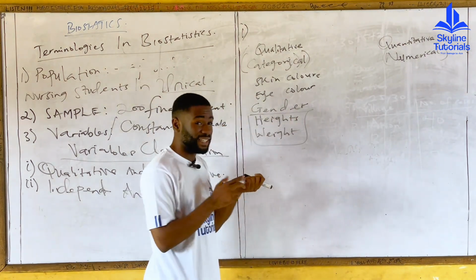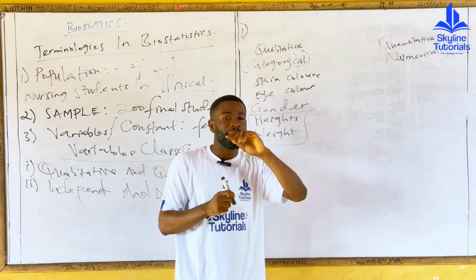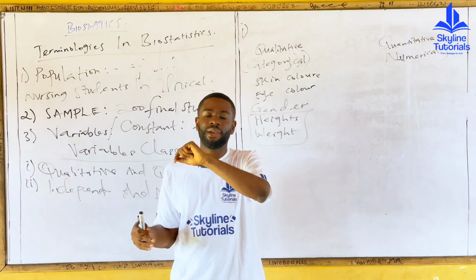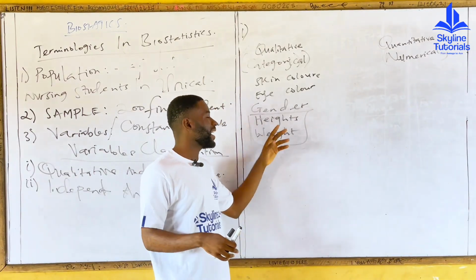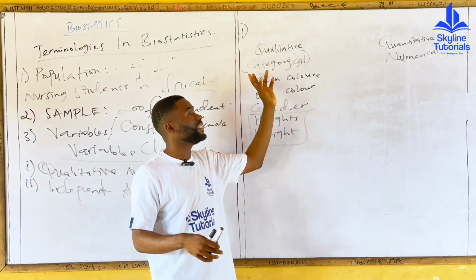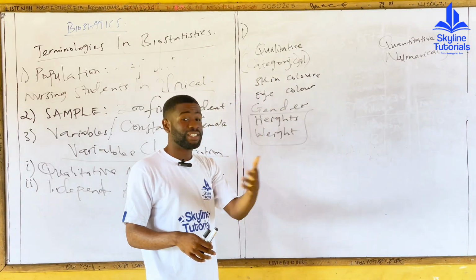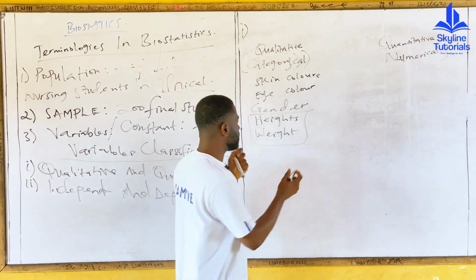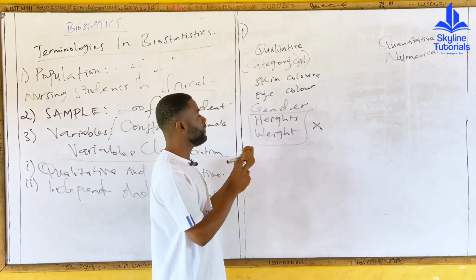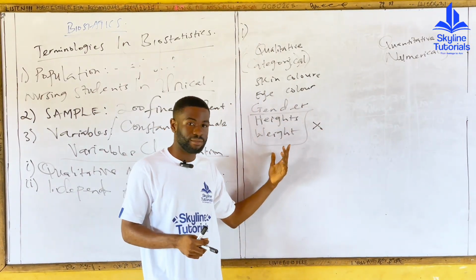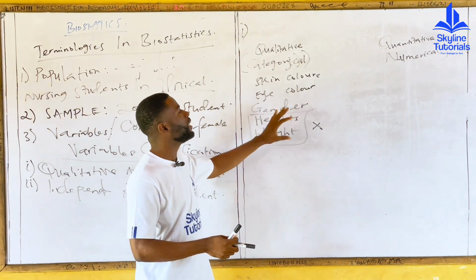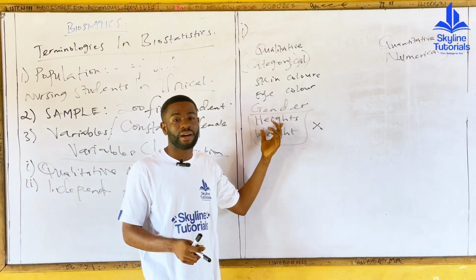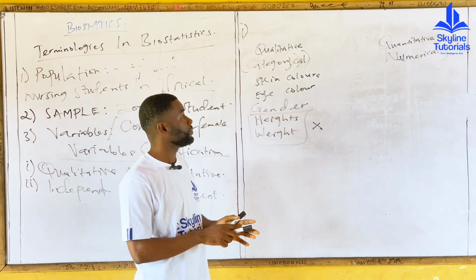If we have defined qualitative variables to be characteristics observed that are not numerical, answer this: would height and weight be under qualitative variable? The answer should be no. Why? Because we would have a numerical figure here. So this is not an example of a qualitative variable, although it varies. It varies, right? Yes, it does. So it is not a qualitative variable because it has a numerical value in it.